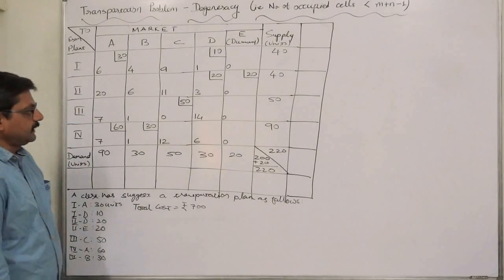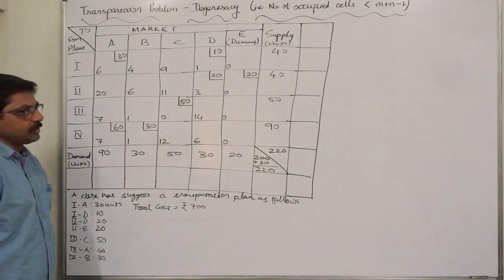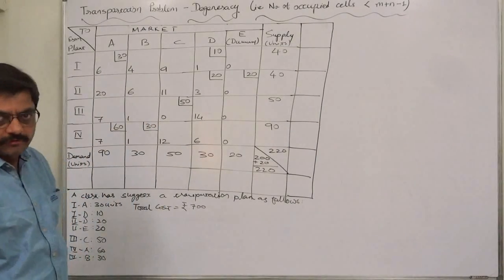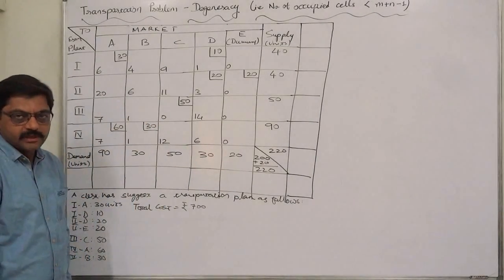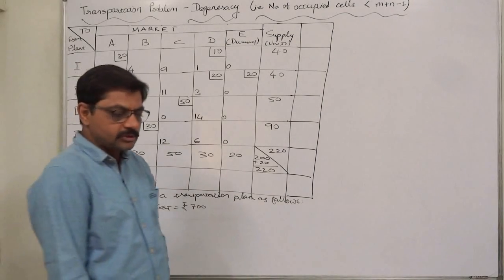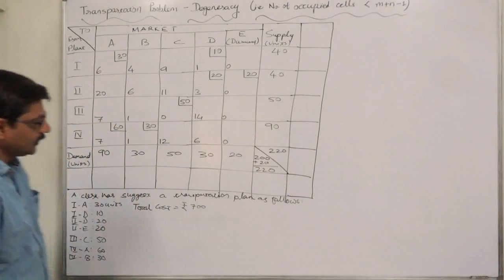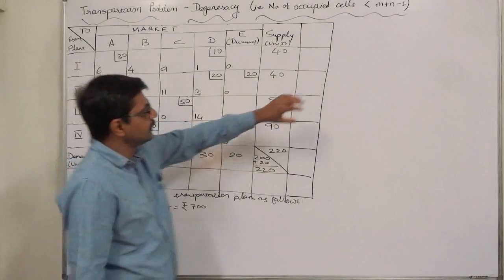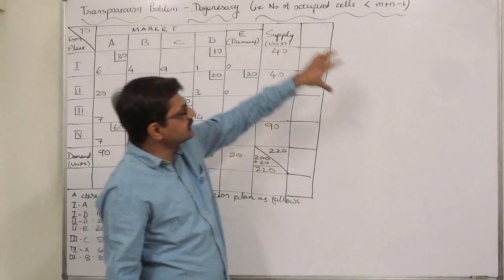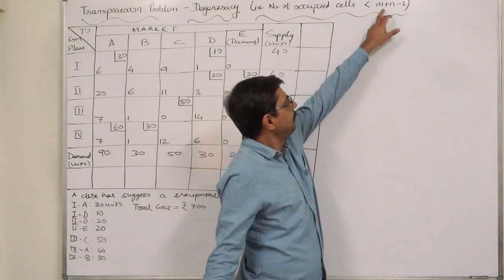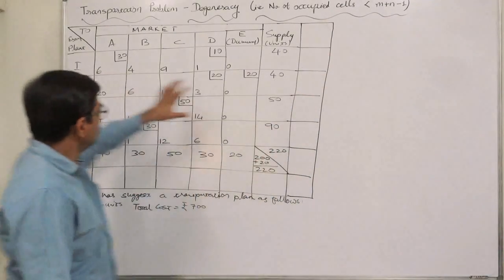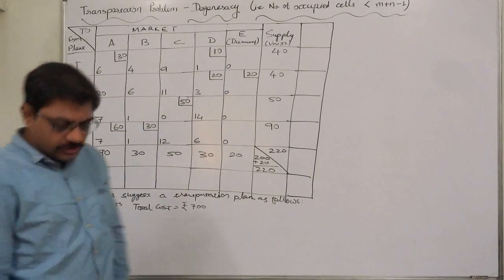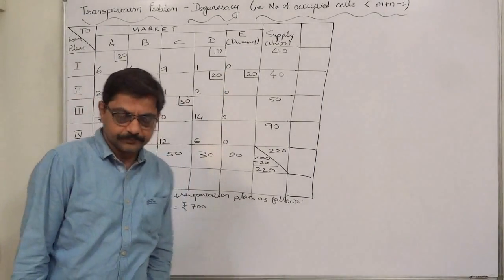when we get the initial solution of a transportation problem by any of the methods out of northwest corner method, least cost method or Vogel's approximation method (VAM), if the number of occupied cells is less than m plus n minus 1, that is number of columns plus number of rows minus 1, then the situation is called degeneracy.